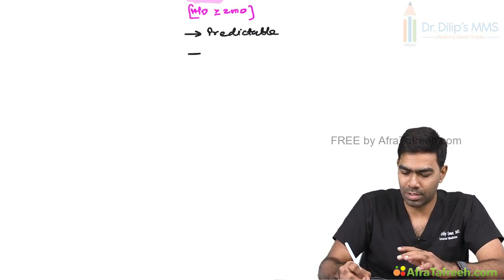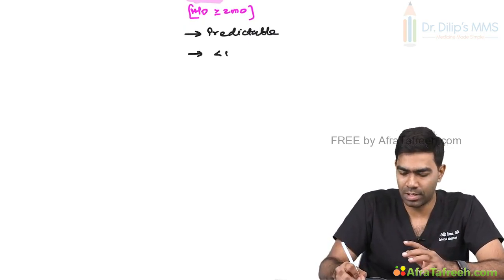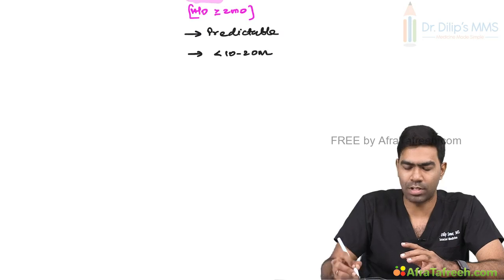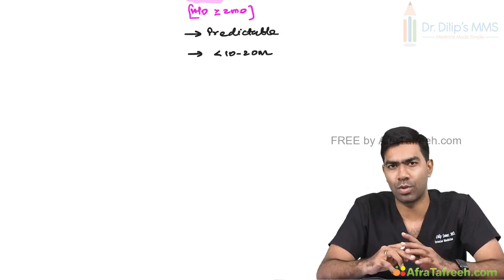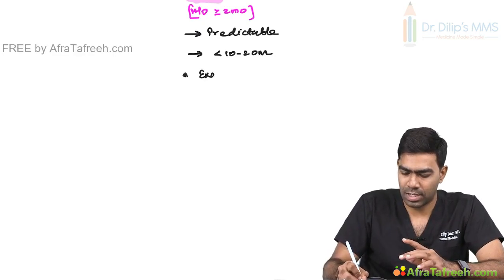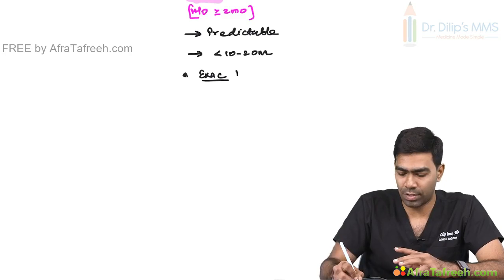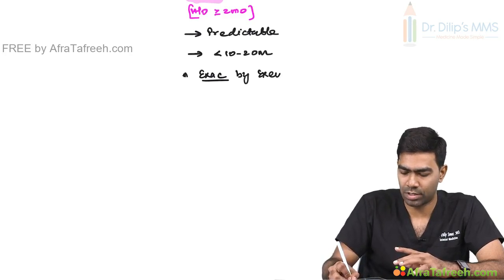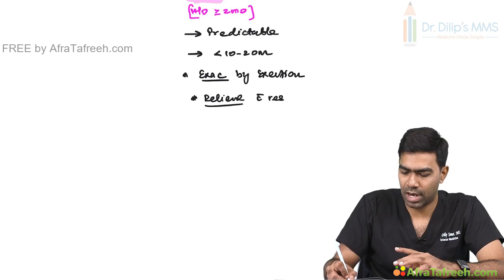And at the same time, the chest pain, even if it happens, will be for less than 10 to 20 minutes. It will not be more than that. It's a short duration of chest pain. And apart from that, this chest pain will be exacerbated, we know, by exertion, and it can be relieved with rest and nitrates.